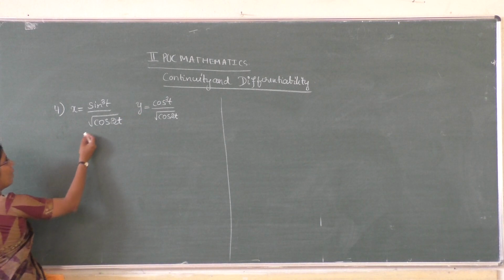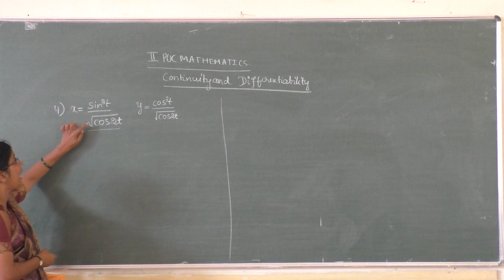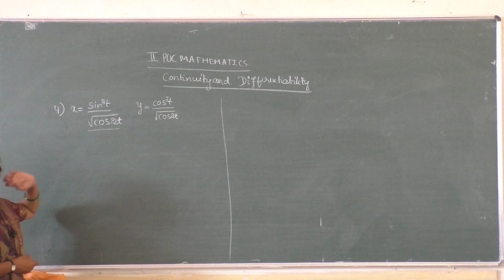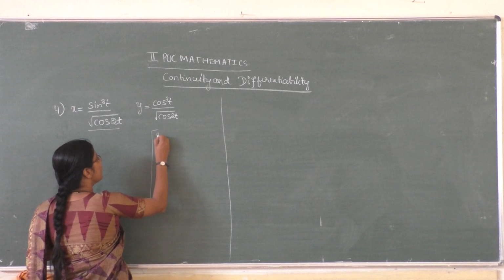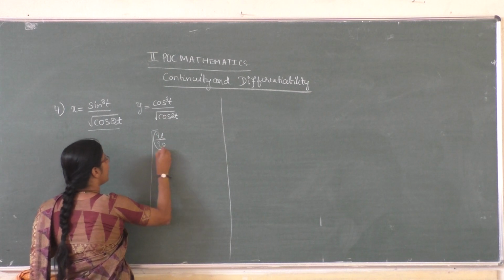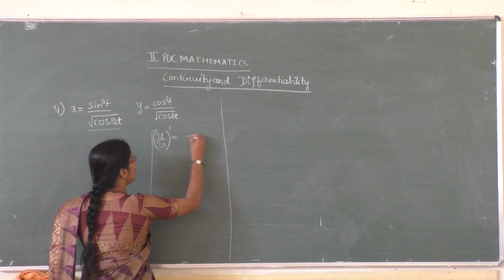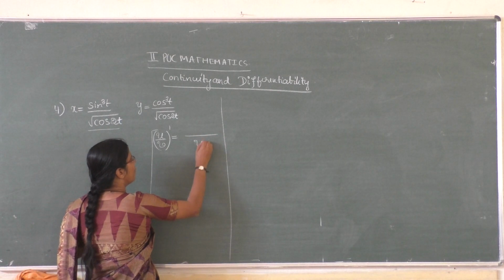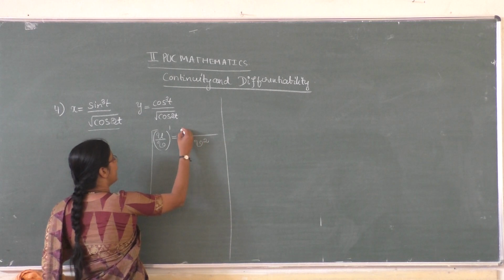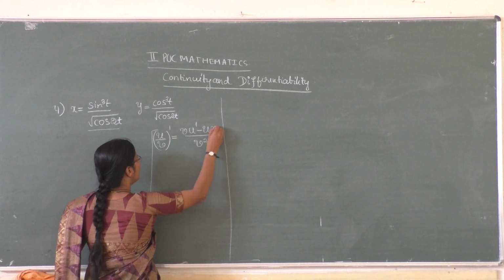But here we have quotient of two functions, okay, quotient of sine cube and root cos 2t. So we have to apply the quotient rule. How we apply the quotient rule? That is u by v dash is equal to, in the denominator we have v square, that is squaring of denominator, and in the numerator v into u dash minus u into v dash.